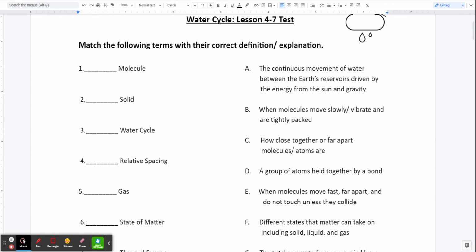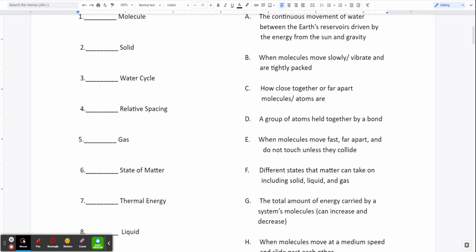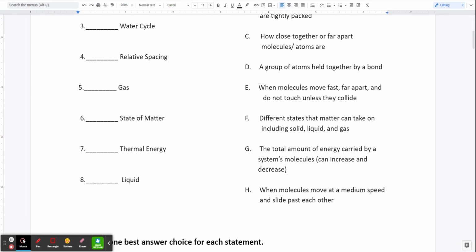All right, starting over on the left side with molecule, solid, water cycle, relative spacing, gas, state of matter, thermal energy, liquid.